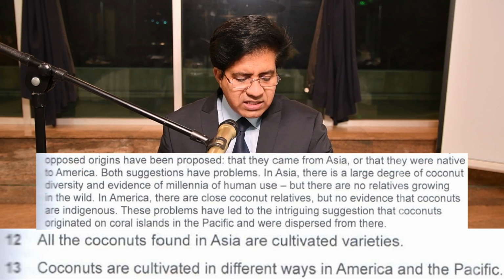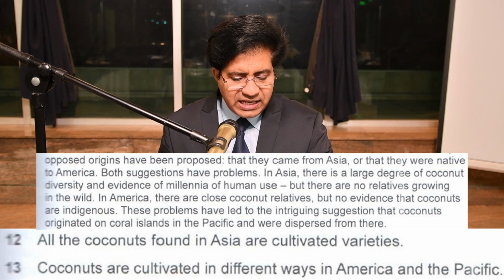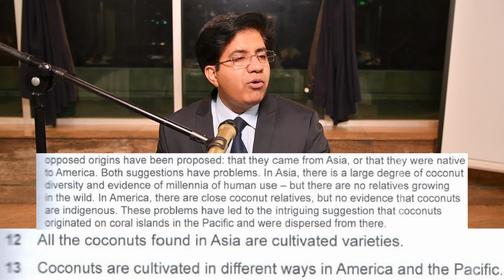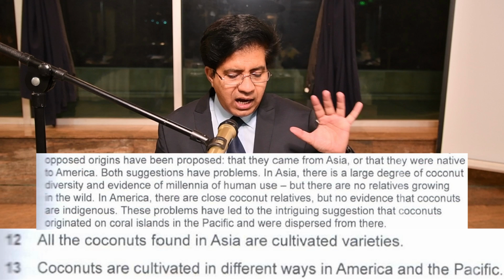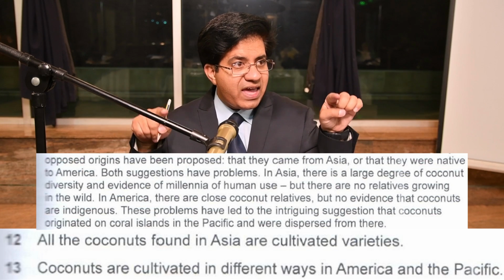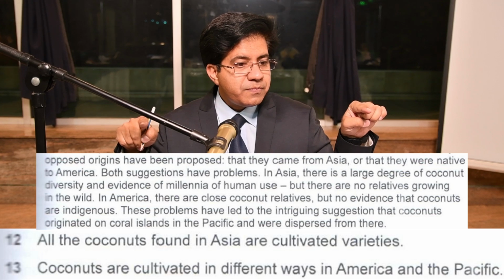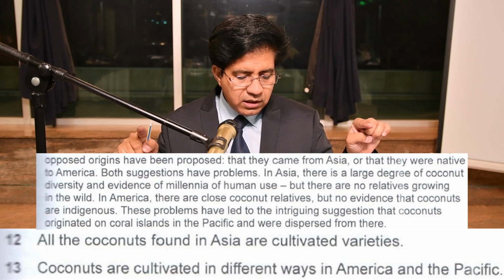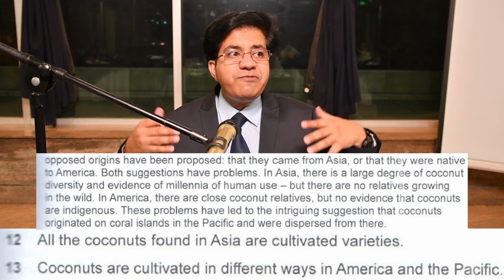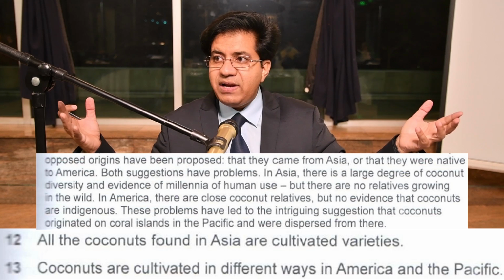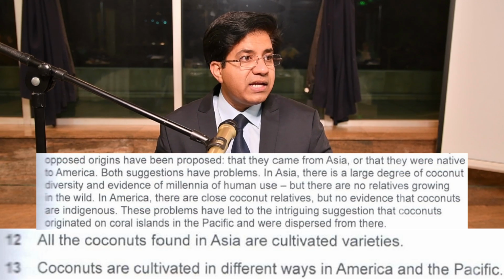Question number 30. Coconuts are cultivated in different ways in America and the Pacific. Now look here. If coconuts are cultivated in the same way in America and the Pacific, then it is false. If they are cultivated in different ways, the method is different, then it is true.